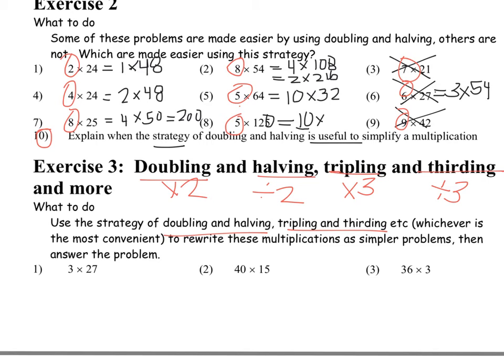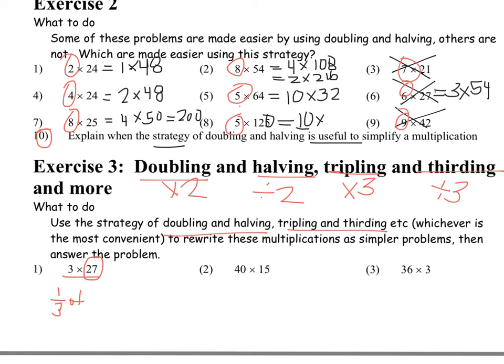So we have 3 times 27. So what do you think we're going to use? Times 2 or times 3? If you said times 3, if we use tripling and thirding, you're correct. We're going to third the 27, so we're going to think what's 1/3 of 27?